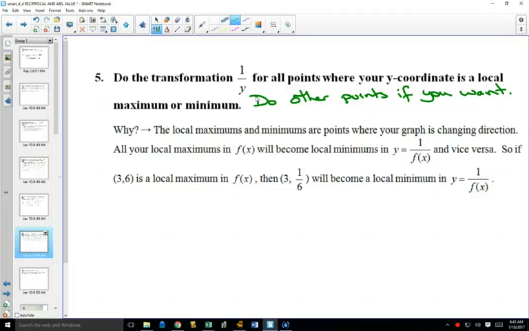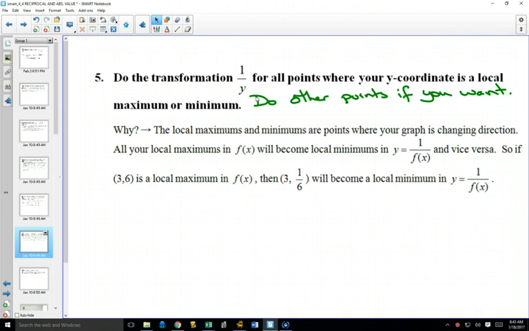So for example, if you know you have the point (3, 5) on your original graph, you now will have (3, 1/5) on your reciprocal graph. And so if you know specific points on your original graph, it's going to be really easy to figure out where they're going to go on your next graph.